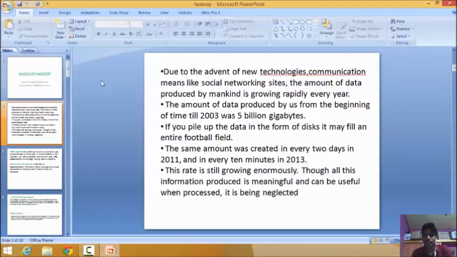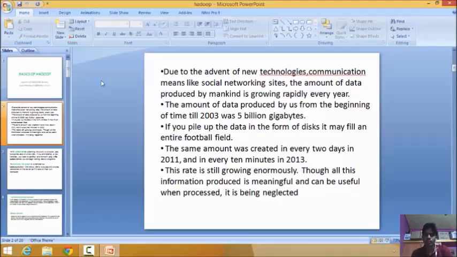The amount of data produced by us from the beginning of time until 2003 was 5 billion GBs. Let us think, if you put all that data on disks and arrange them, they would occupy an entire football stadium. See how large the data is.